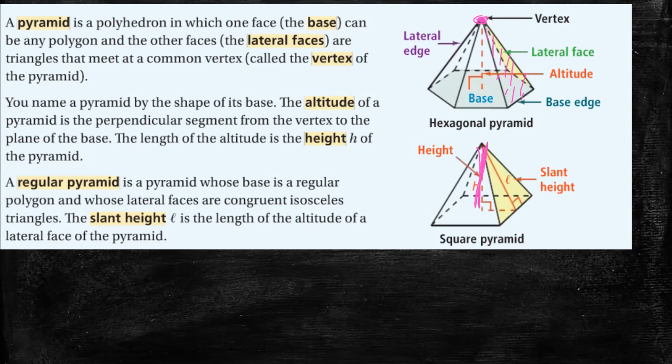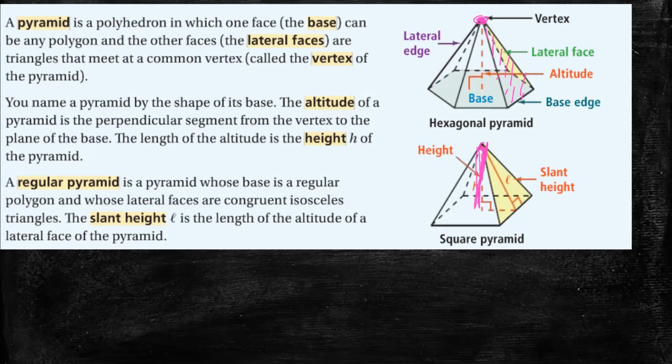This pink line, we call it an altitude. The length of the altitude is the height. So the altitude is a line segment coming from the vertex, perpendicular to the plane of the base. That one we call the height.